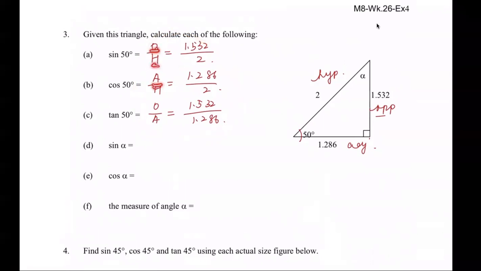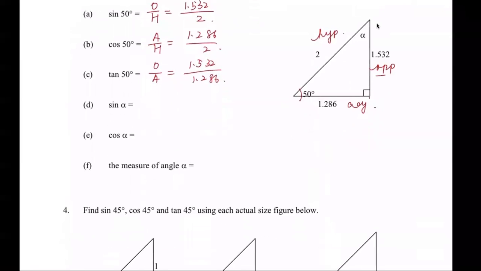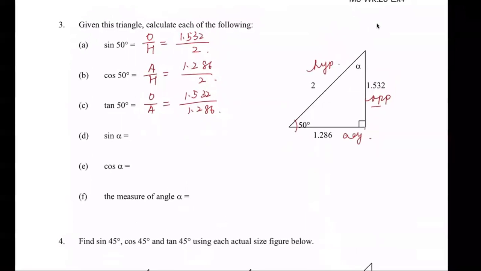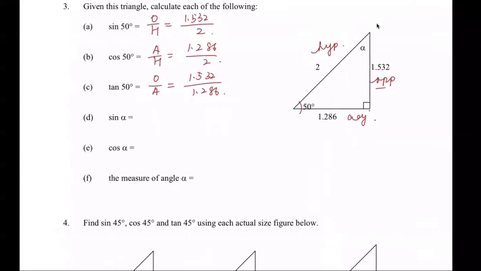Okay, so notice that all the data here, OHA, is based on this reference angle. I'm going to use a different color when we do alpha. Part D is asking for sine alpha, not sine 50 degrees. So this means starting from part D, our reference angle became this angle.